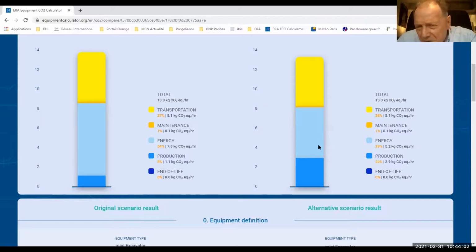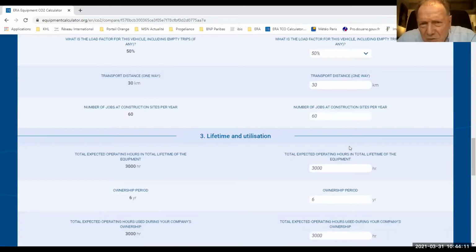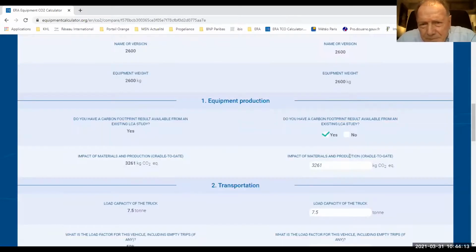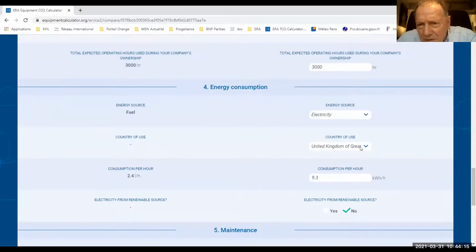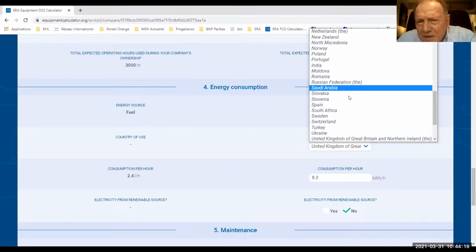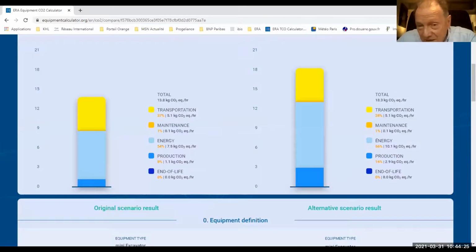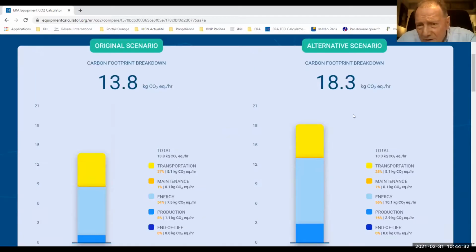So this is the UK. Let's go, for example, to an extreme case, let's put Poland, where most of the electricity is produced with coal. So we see that in Poland, energy in that case is much worse than fuel, because we jumped up to 10.1 kilos.